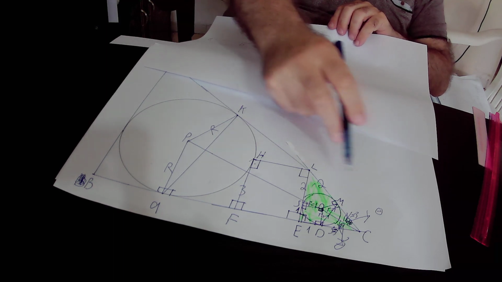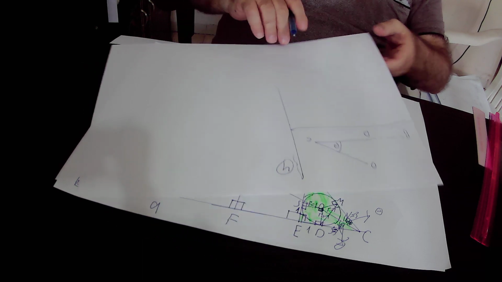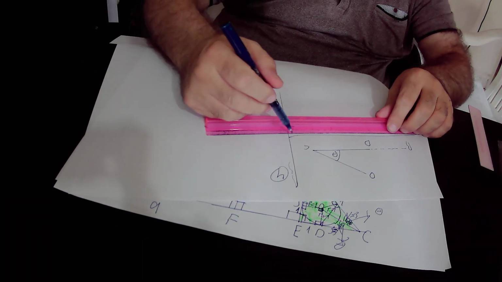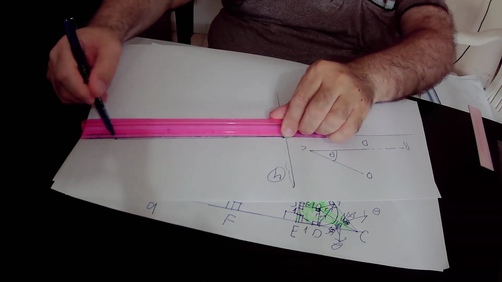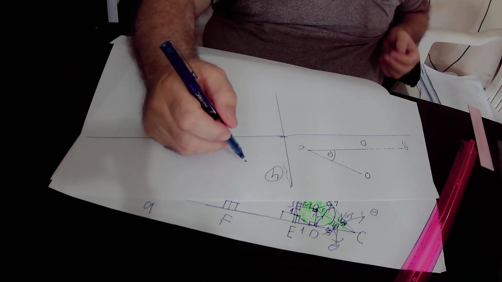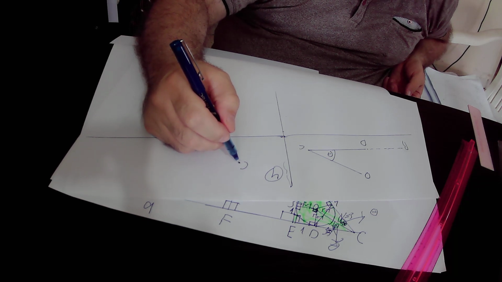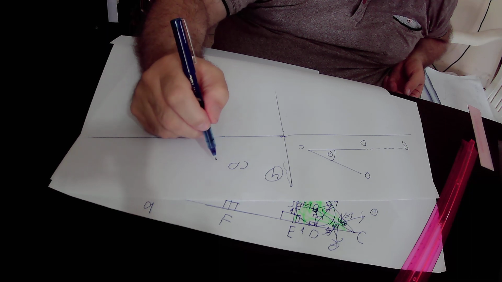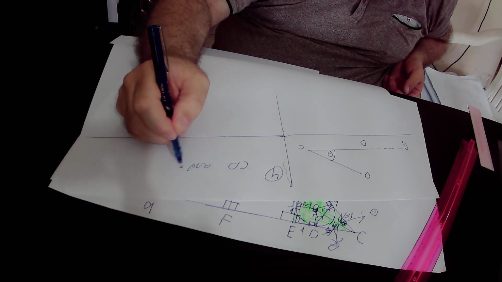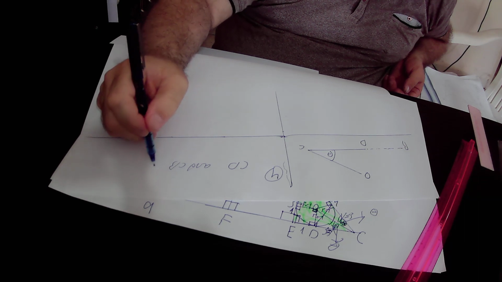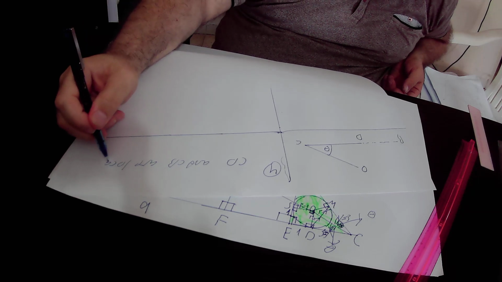Why? Because CD is part of CB. So I write it down: the straight lines CD and CB are located on the same straight line.